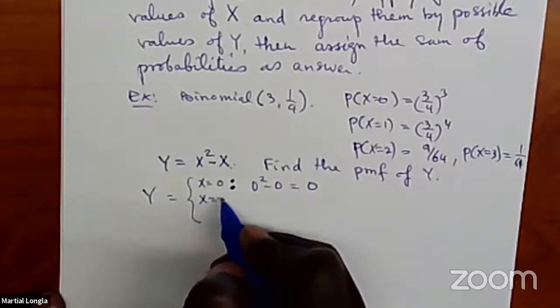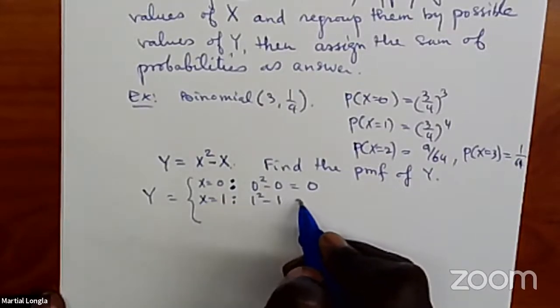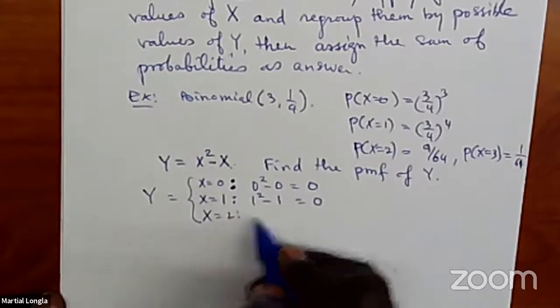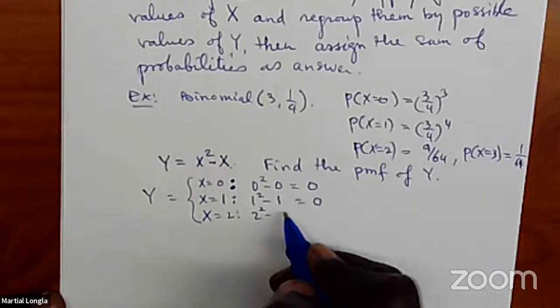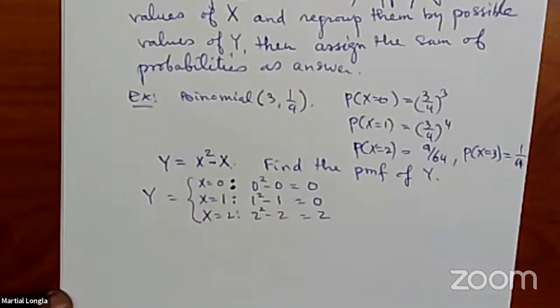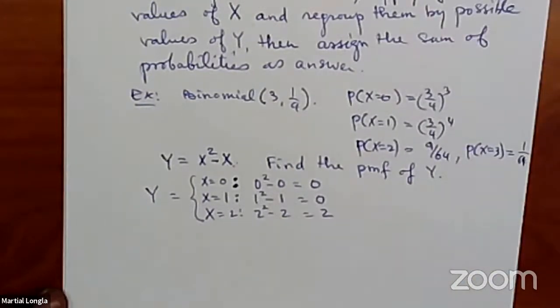When x is 1, y will be 1 squared minus 1, which is 0. And when x is 2, y will be 2 squared minus 2, which is 2. So what this whole text was saying is regroup the options by values of y. How many values of y did we get?